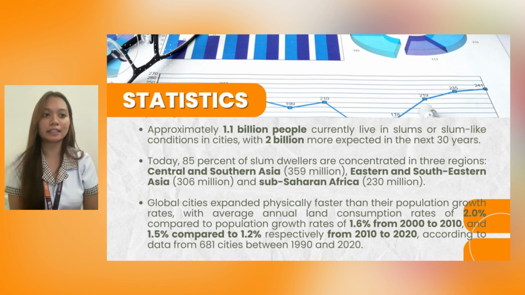Global cities expanded physically faster than their population growth rates, with average annual land consumption rates of 2% compared to population growth rates of 1.6% from 2000 to 2010, and 1.5% compared to 1.2% respectively from 2010 to 2020, according to data from 681 cities between 1990 and 2020.